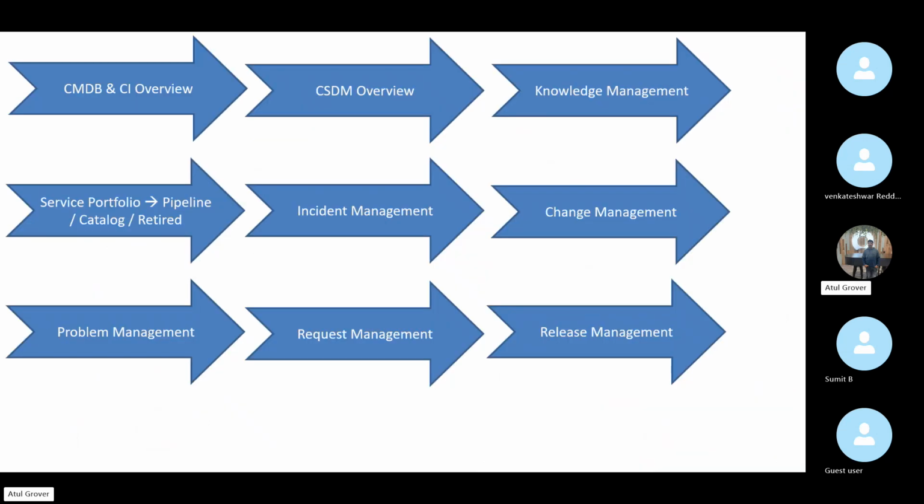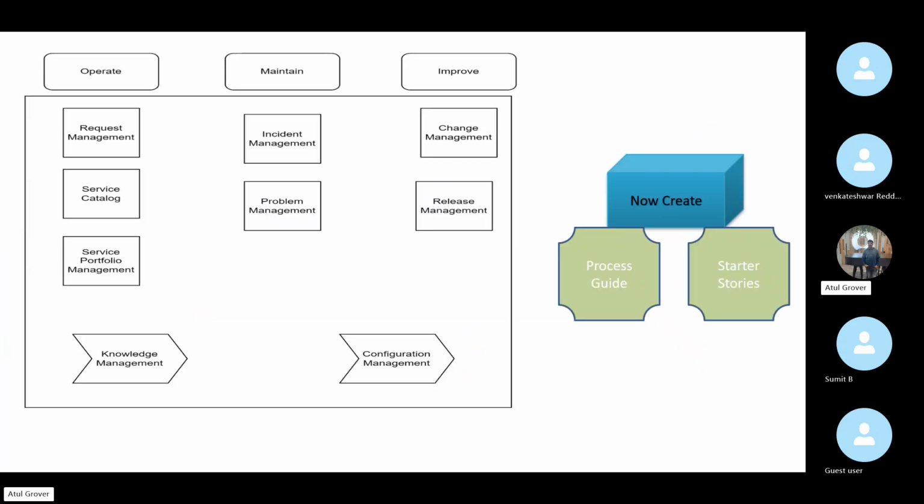This is what we discussed, almost from the same perspective, and let me come back here. Now, this is the interesting part and a good learning area for us. We say in Operate, we have request management, service catalog, and portfolio management.